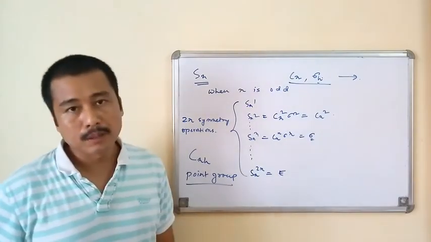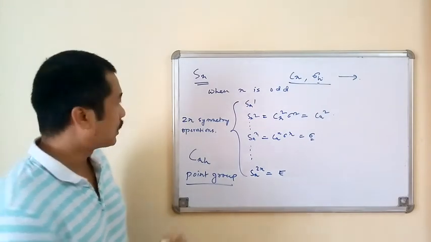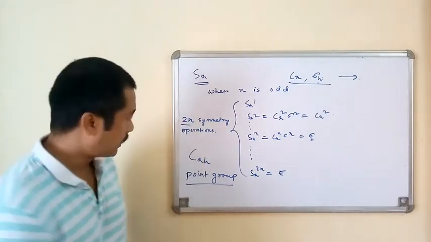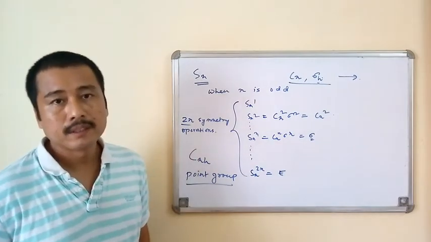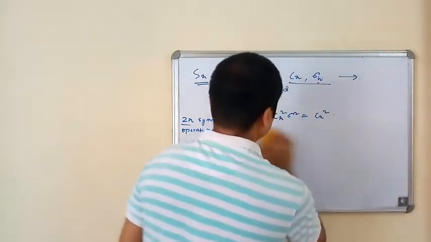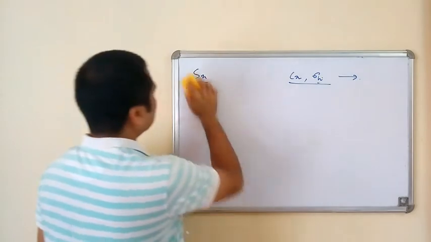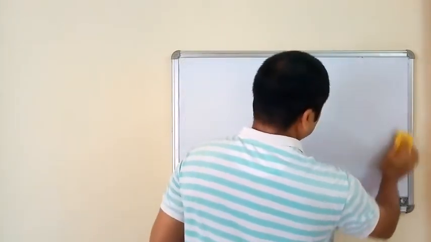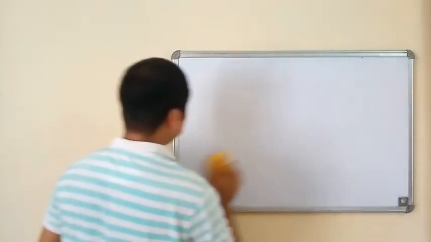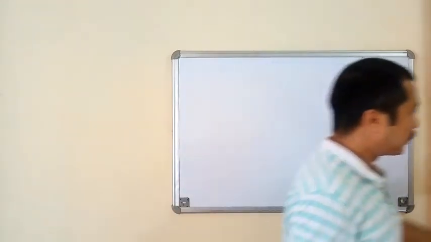We will designate the point group as CNH, not as SNH, and the order of this point group is 2n. Already we have seen that. So this is different from what we see in case of an improper axis of symmetry of even order. So the point groups that we get from the symmetry operations that are generated by even order or odd order improper axis of symmetry are entirely different.